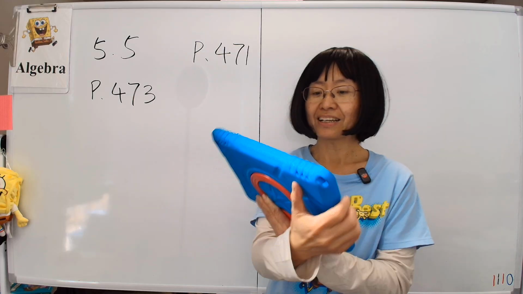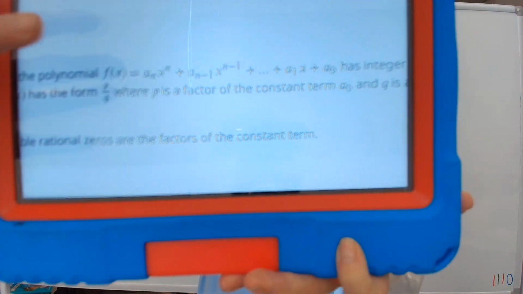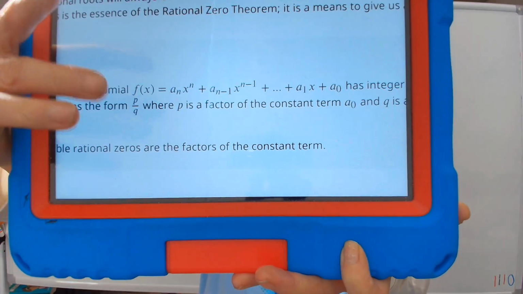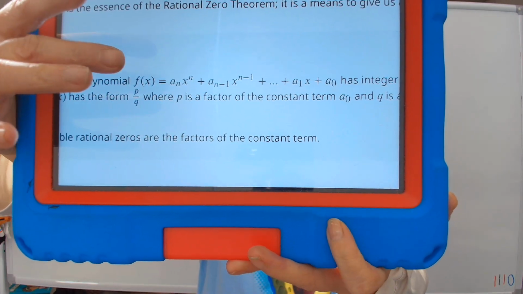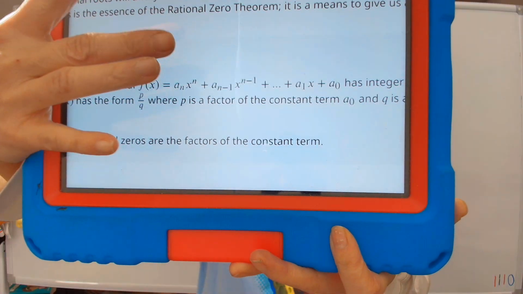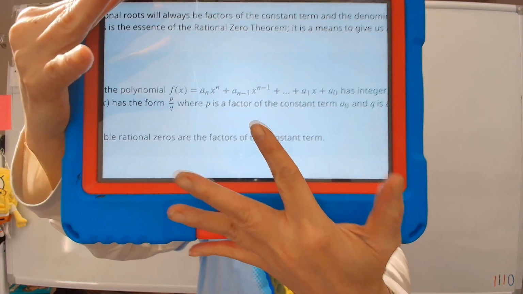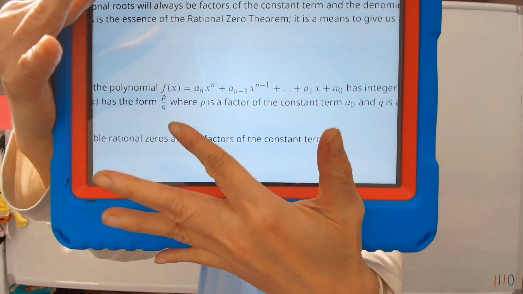In other words, let's say you have a polynomial that looks something like that, and then every single zero will be something that's a factor of a0, the last number, divided by a factor of an, the first number.